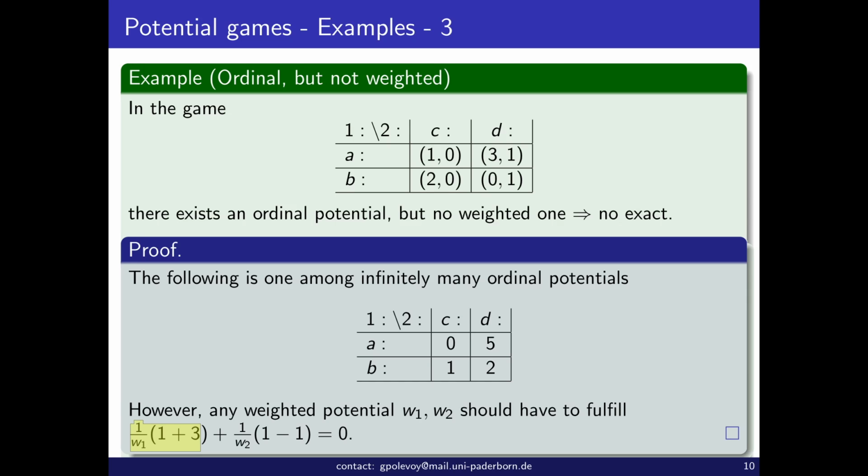So we have proven that though there is an ordinal potential, there is no weighted potential, and therefore the order cannot be linear in a way. So according to our definition, the game is an ordinal potential game, but it's not a weighted potential game.